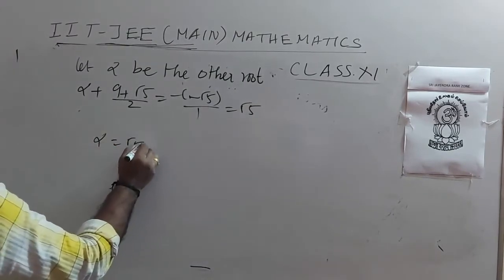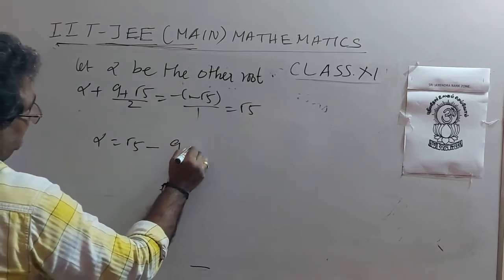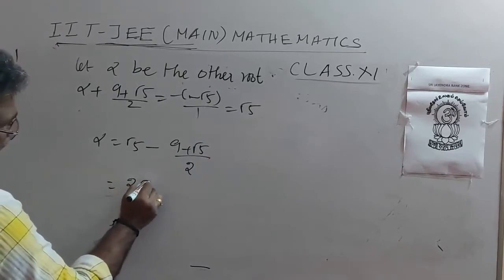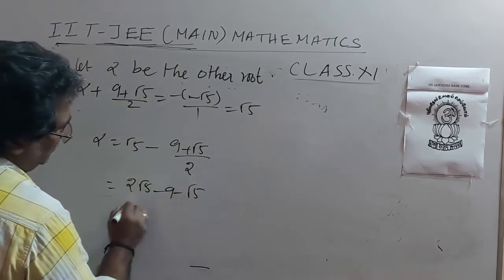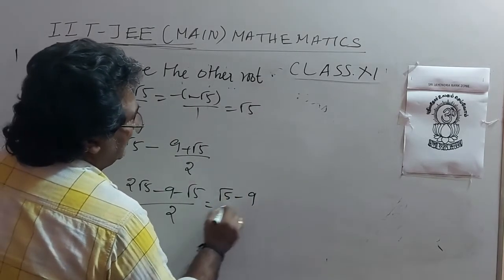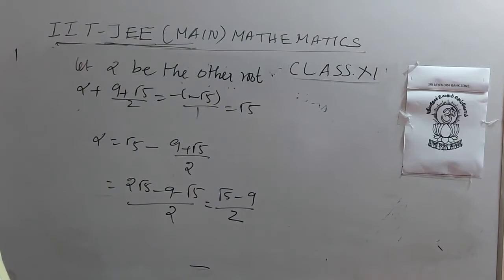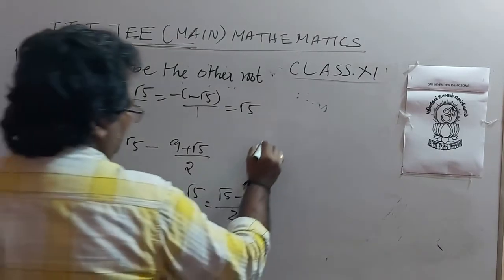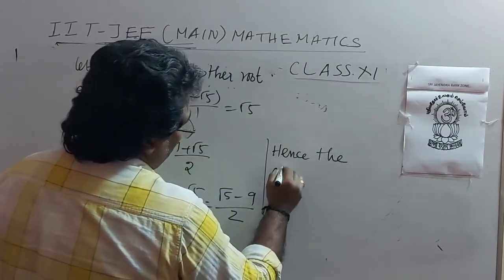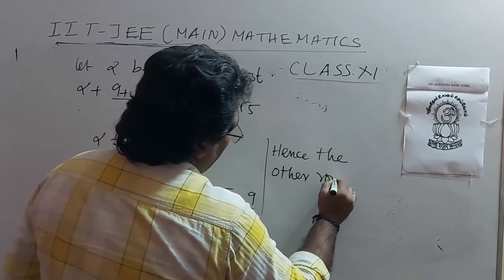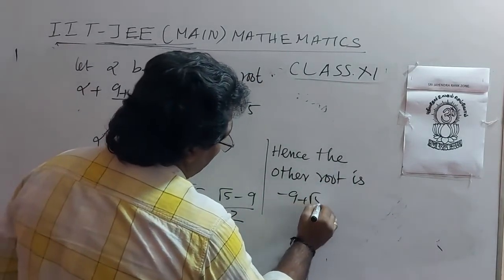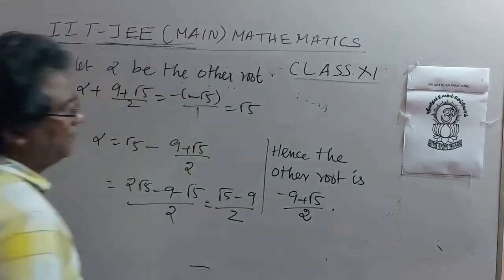Alpha equals root 5 minus (9 plus root 5) by 2. Take LCM: (2 root 5 minus 9 minus root 5) by 2, that is (root 5 minus 9) by 2. Hence the other root is (minus 9 plus root 5) by 2.